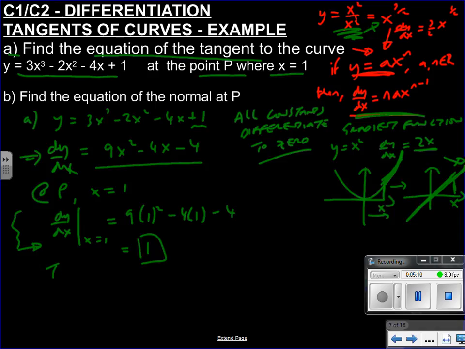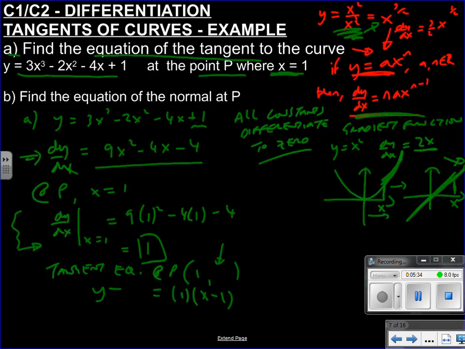So we want the tangent equation at P, which has coordinates, and we need coordinates, don't we? Because we know we need y minus y1 equals m, which is our gradient, 1, times x minus x1. And we know what x is, that's just 1, but we don't have our y value. Okay?